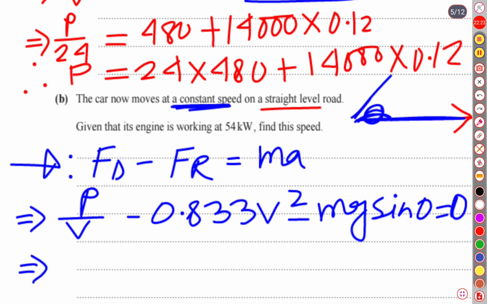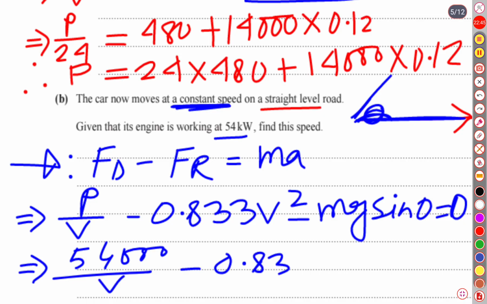Then P is to be used, 54 kilowatts, so 54,000. Power is given as 54,000, and velocity is to be obtained, minus 0.833 v squared, and sin 0 is 0, so mg sin theta is also 0, equal to 0.